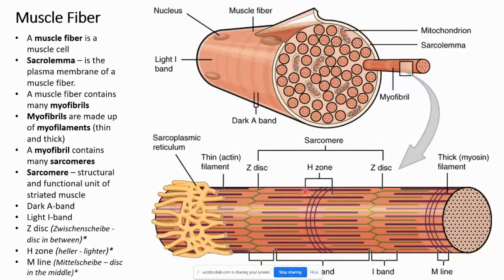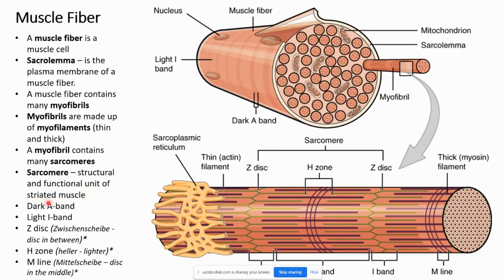So actin is on either side of myosin, overlapping, and this Z-disc separates sections of the myofibril. From this Z-disc, which is in the middle of all these actin fibers, to the next Z-disc, that's one contraction unit, and that's called a sarcomere, and that's the structural and functional unit of skeletal muscle.